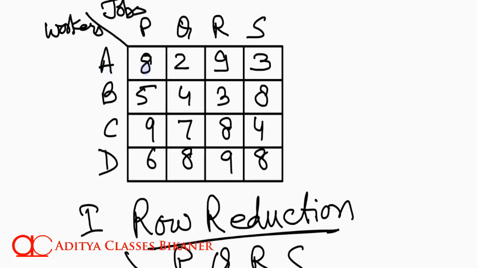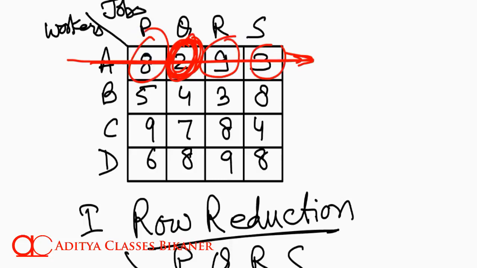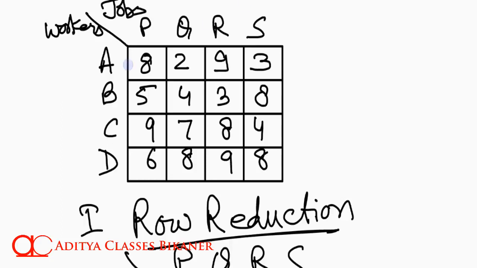The timings that A needed were 8, 2, 9 and 3. So what is the least time that he takes? The least time that he takes is 2 minutes. So in row reduction, A is my first row and 2 is the least time. I will subtract 2 from all these values, 8, 2, 9, 3. 8 minus 2 gives me a 6, 2 minus 2 gives me a 0, 9 minus 2 gives me a 7 and 3 minus 2 gives me a 1.